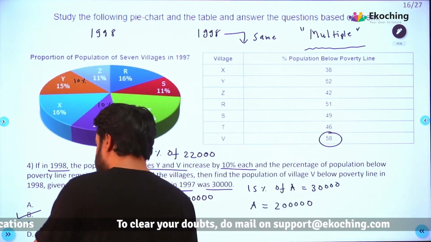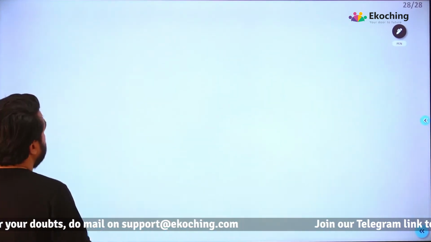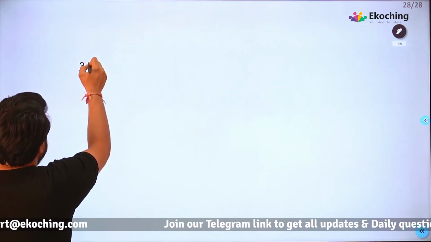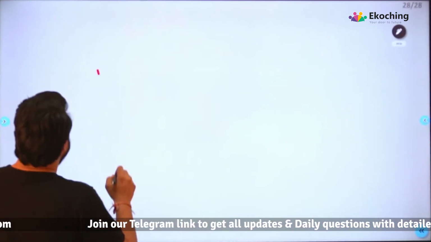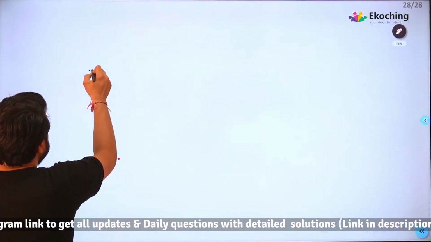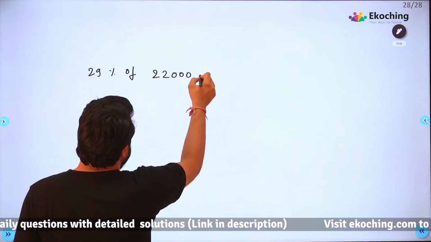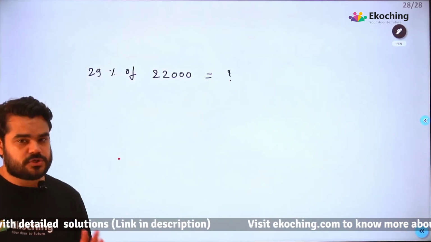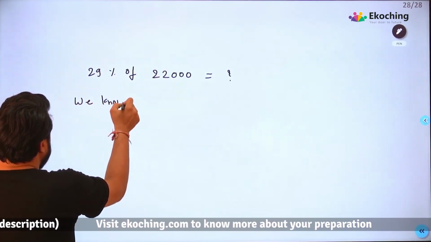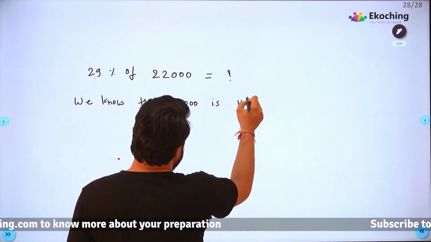Right? Let me explain this in a blank slide. So whenever you have something like this to find, for example, let's say 29% of 22,000 will be what? Okay, you are supposed to find this. Now, we know that 22,000 is 11's multiple.